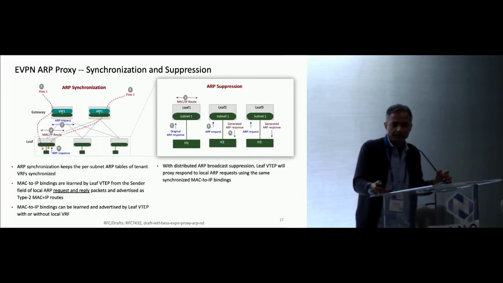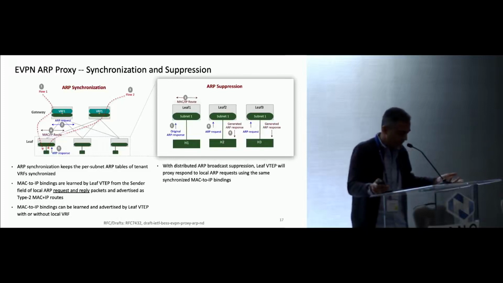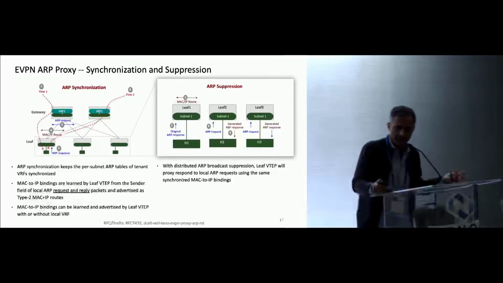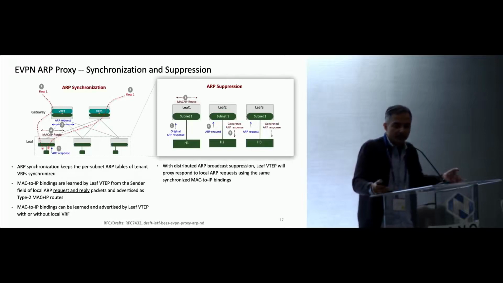And so a remote VTEP that receives an ARP request locally from a local end system will intercept the ARP request, right, and respond to the requester locally by generating an ARP response locally, and by doing so, it doesn't broadcast the ARP request across the broadcast domain, across the subnet.